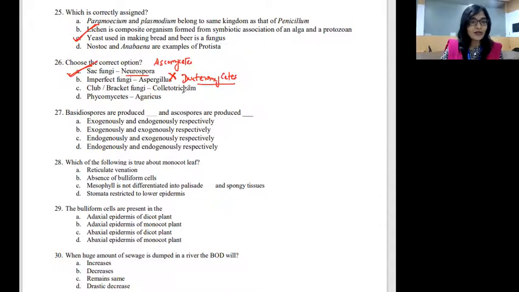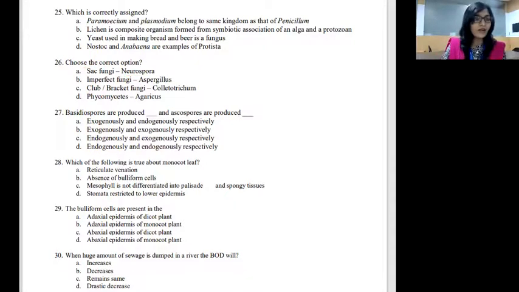So it's a wrong statement. Colletotrichum is also not a bracket fungus or club fungus. It is again an ascomycete, so it is wrong. Phycomycetes they have given, and they have given Agaricus. Agaricus is not a phycomycete, it is a basidiomycete. So this is also a wrong statement. So which is the correct statement? Option A.